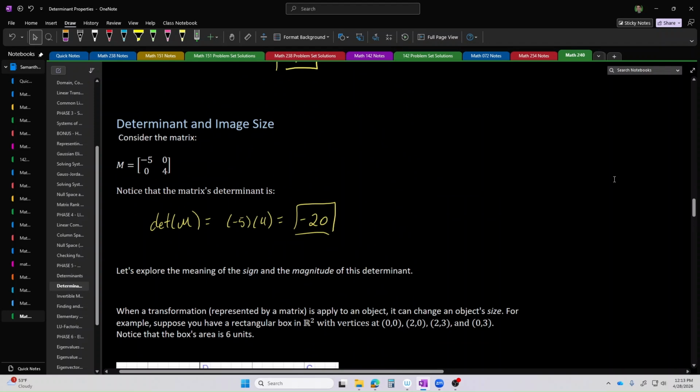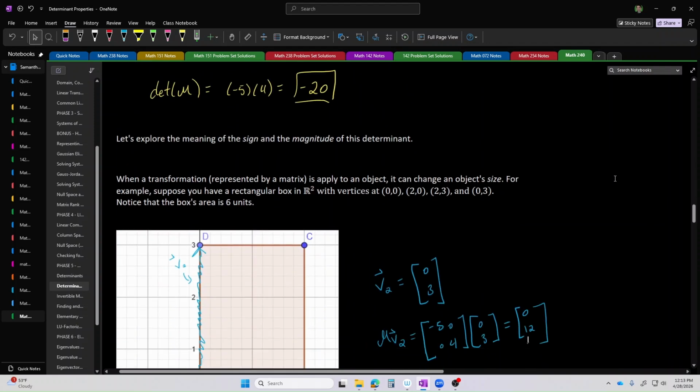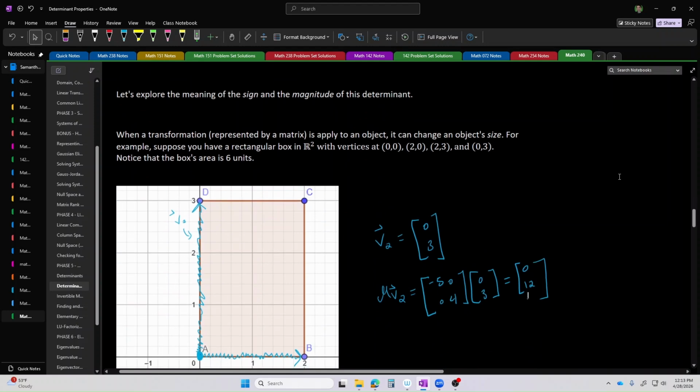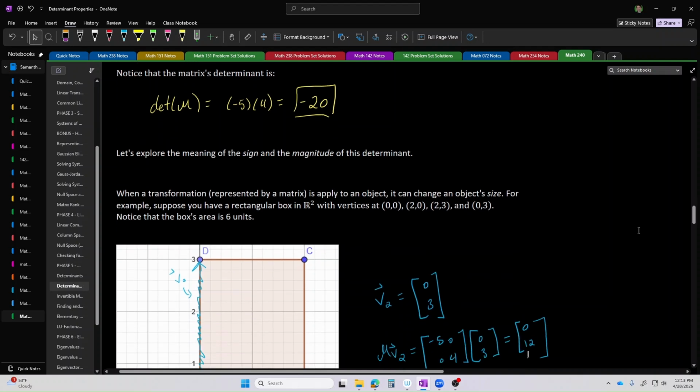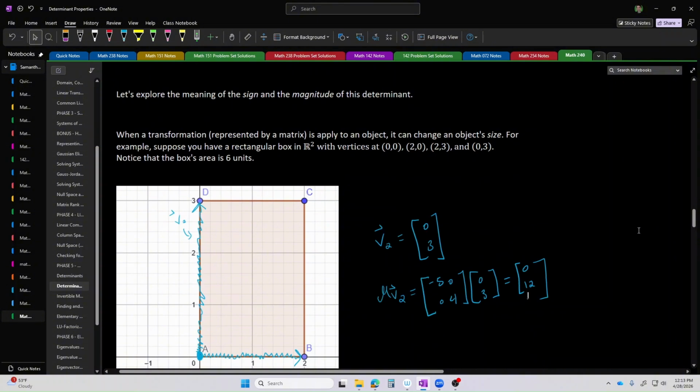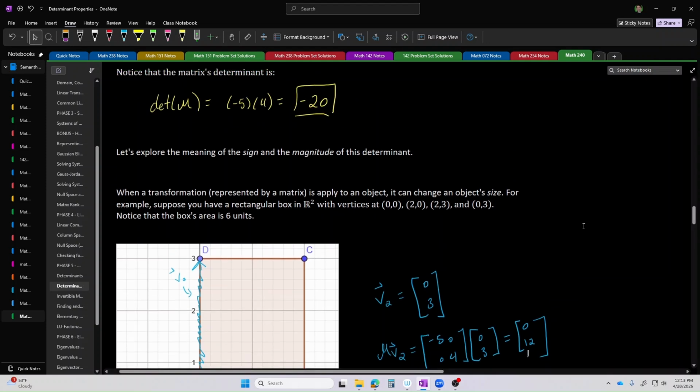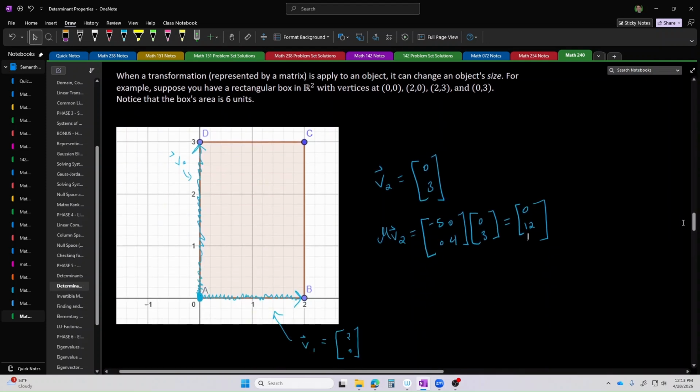We also saw that when you consider what the matrix does, not to a single vector, but to an entire shape or object within its domain, the magnitude of the determinant tells you how the matrix's action will affect that object's size, its area, or its volume. And the sign of the determinant tells you whether the matrix will flip or reflect that object at all.